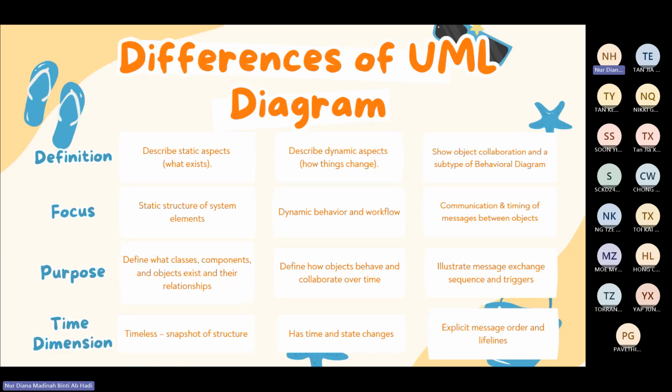Next. So, this is the difference between behavioral, structural, and interaction diagrams. Okay, if you look here, based on the definition, which definition refers to the structural diagram? Based on the definition itself.